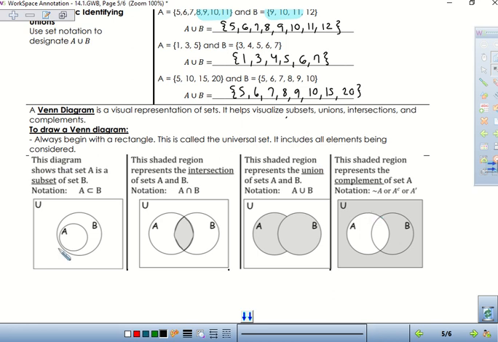So right here, let's talk about an example. Let's say I put all of the students in the gym who are freshmen and sophomores, okay? Think of the square or the rectangle as the gym. And then I have a circle on the ground that says sophomores. So all the sophomores are going to go in that circle.